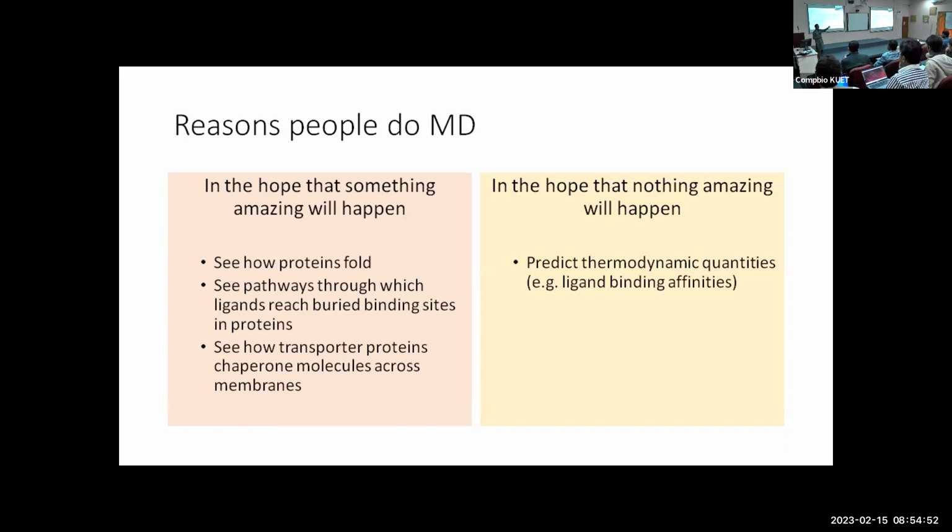You feel like nothing amazing is happening, but that's actually the more reliable, robust way to do it. You can do the stuff on the left, but that's a lot of work. A lot of knowledge of statistical mechanics is required, and you have to be careful. People do it for both; I'm just setting the expectation. Most of the time, you'll probably do the stuff on the right.